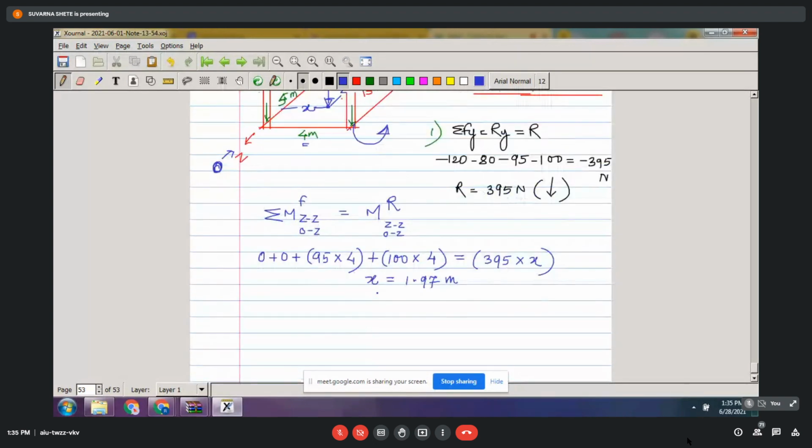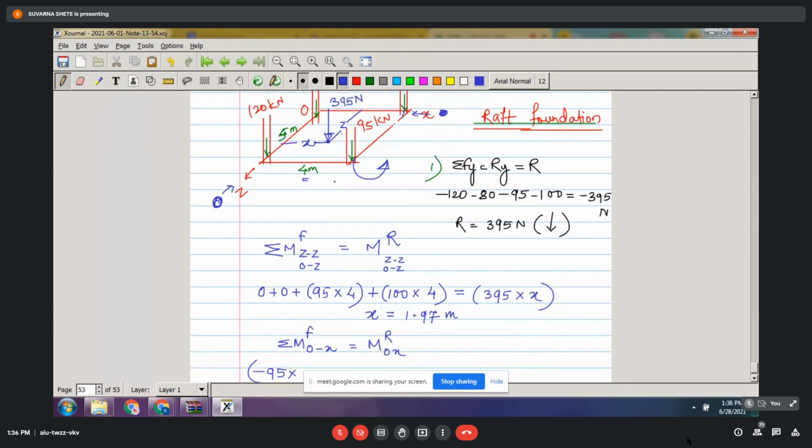So can I write my equation now? The algebraic sum of moments of all the forces about OX must be equal to the moment of the resultant about OX. So it will be minus 95. And what is the perpendicular distance of 95 with respect to the OX axis? 5 meter. So it is nothing but my moment arm.